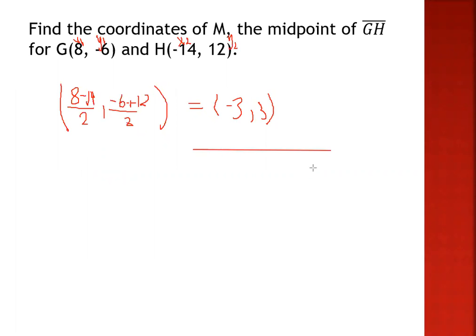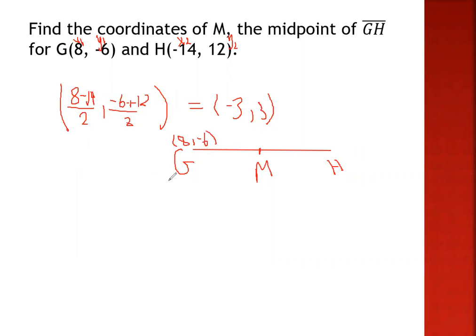Then you have a line. This line is find the coordinates of M. He's looking for M, the midpoint of GH. The first one is G and this one is H. The point was 8 and -6.